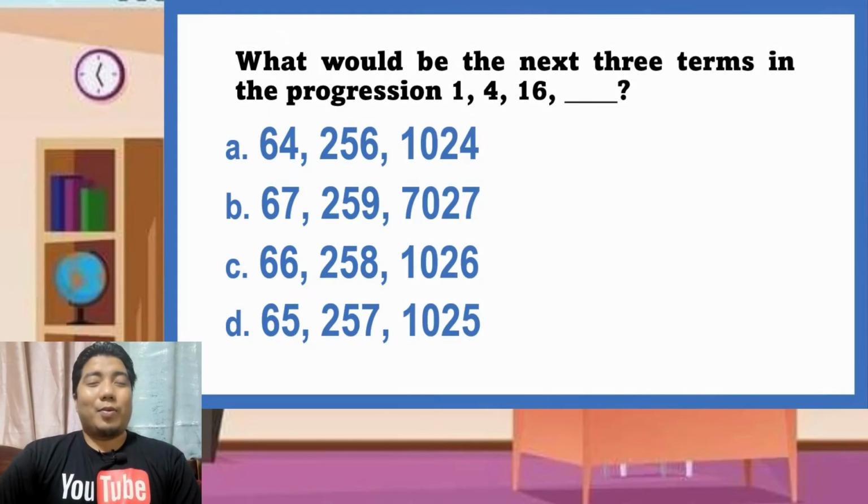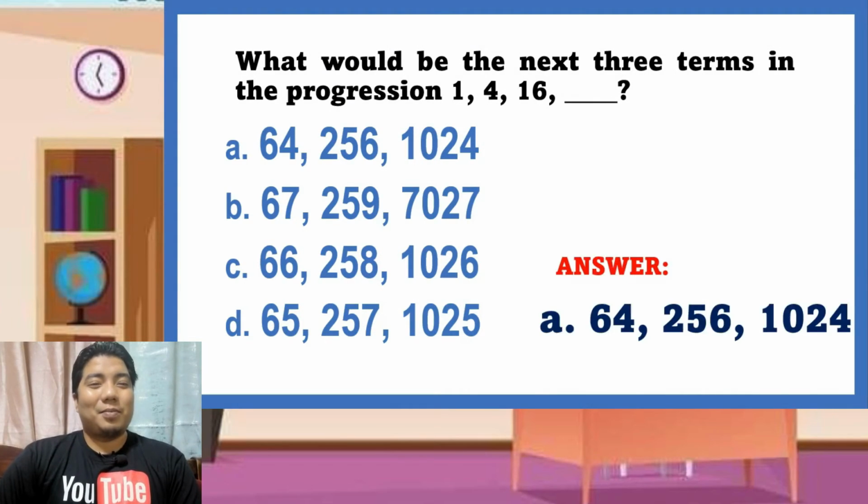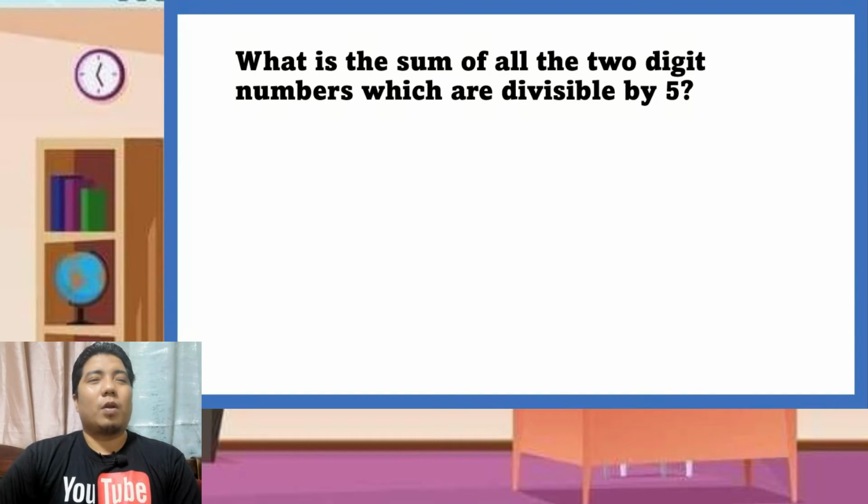So, you have it. And the correct answer, my dear math learner, is letter A, 64, 256, 1024. Easy, right? Now, let us go to the next problem. What is the sum of all the 2-digit numbers which are divisible by 5?